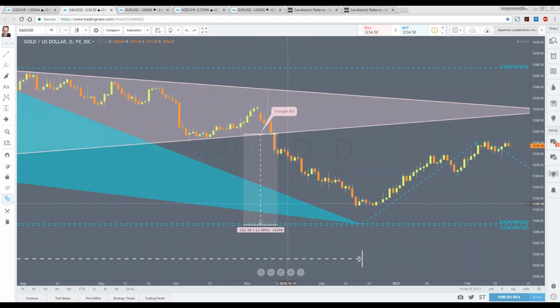In this case, we're using triangles as well as the body of the candles to give us our support lines, and then we're looking for exact patterns in these candlesticks, and you can see them appearing to help us determine when the market reversal should be taking place.